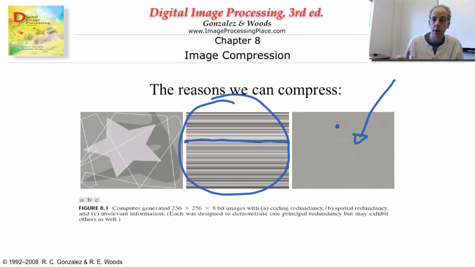Or maybe I don't care about it at all. So I might not care about its exact value. I might not care too much about the information at all. So there is a lot of unnecessary information which is irrelevant. So these are the three reasons that we can compress. And we're going to exploit all these reasons, and then we're going to get very large amounts of compression.